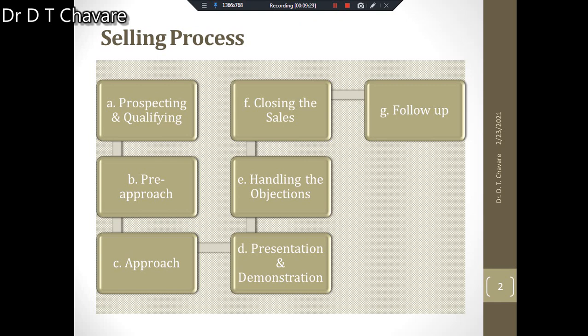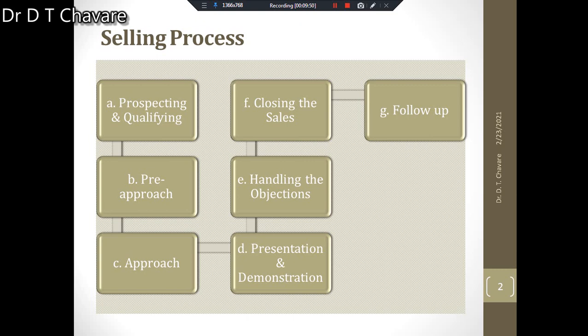The salesman also fixes the possible timing of interaction and overall sales strategy. In this step you have to take such action. Then the third step is approach.